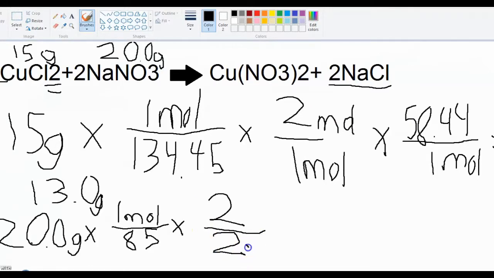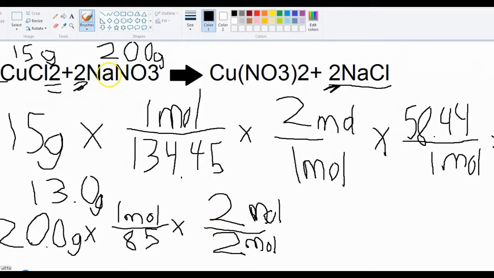We have that because this is 2 and this is 2, so that's where our mole ratio comes out to.